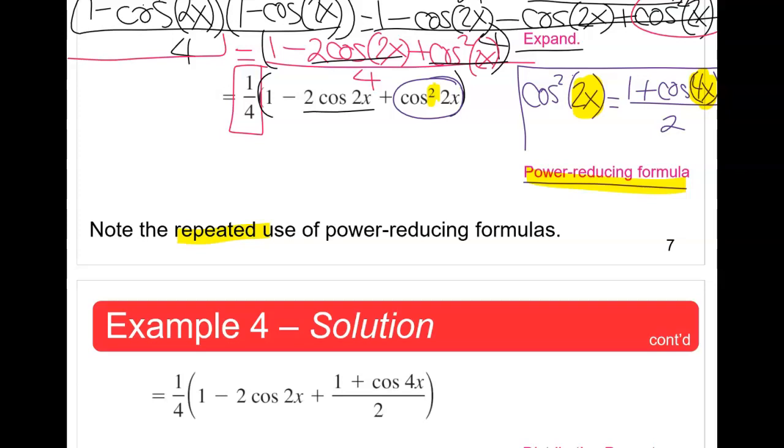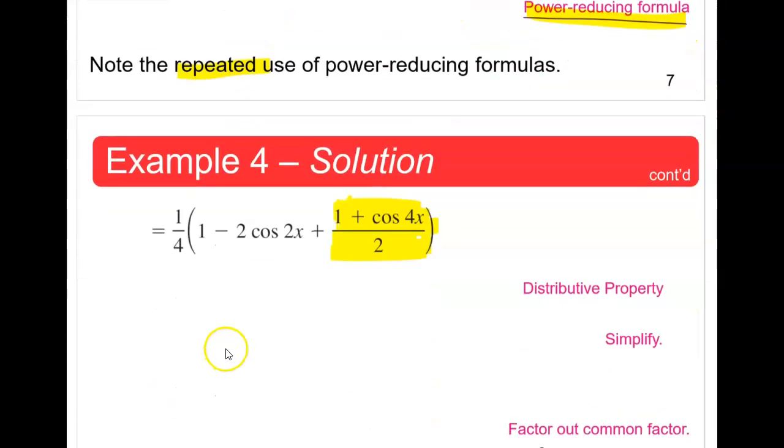Now, the substitution of the expression that we have here, we already know it was substituted with that one, and you could see that on the next slide, the one that I am highlighting. So what we're going to do from here is use the distributive property. So 1/4 times 1, 1/4 times negative cosine of 2x, and 1/4 times the fraction here. So that's what we're going to write.